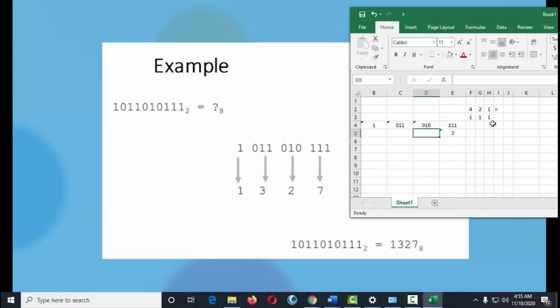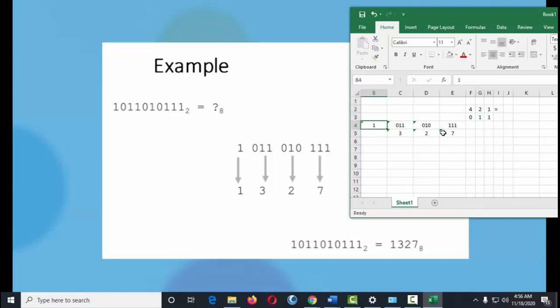Then 0, 1, 0 is 2, because this is the only one. How about 0, 1, 1? You add the 2 and the 1 because they are the ones with the 1, so it equals 3.